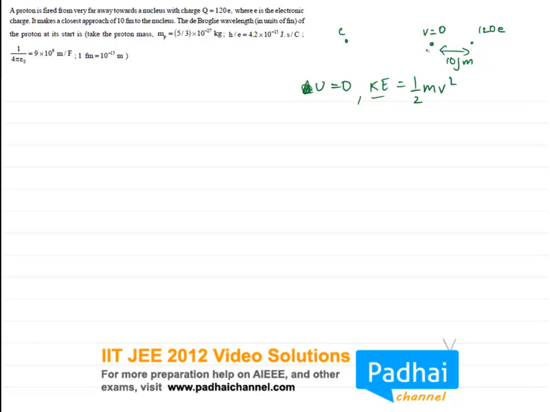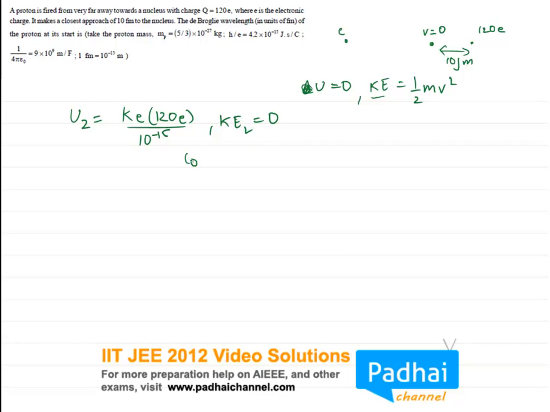The velocity should be zero, but now there will be a potential energy U2, which will be equal to K Q1 Q2 upon R, which is Ke into 120 E upon R. This is 10 raised to the minus 15, right? This is U2, and Ke2 will be equal to 0.